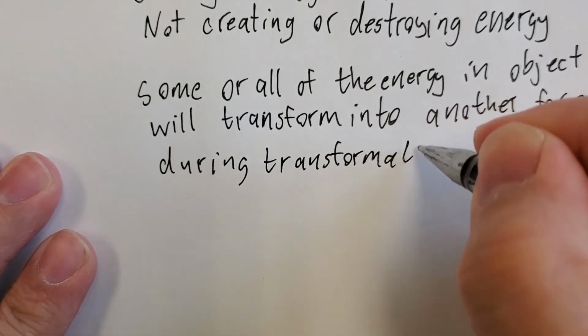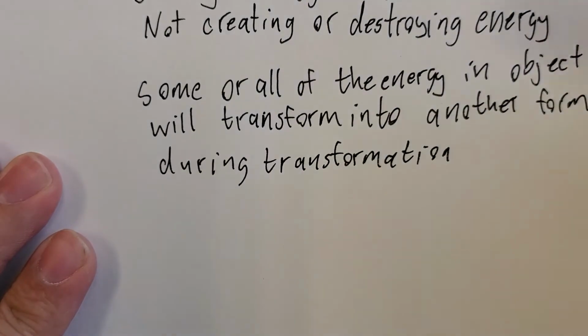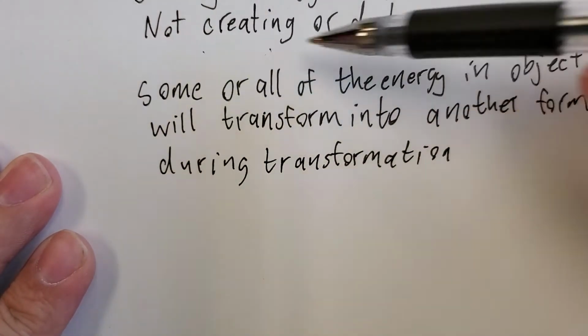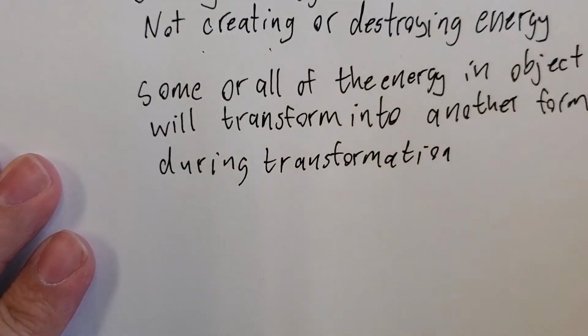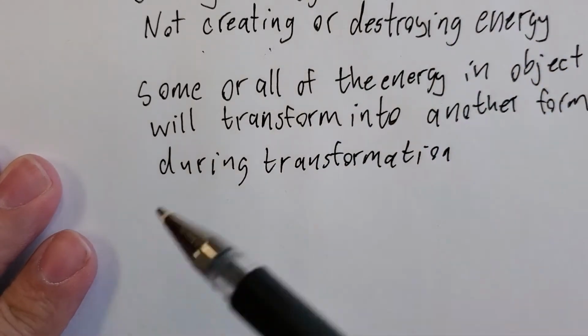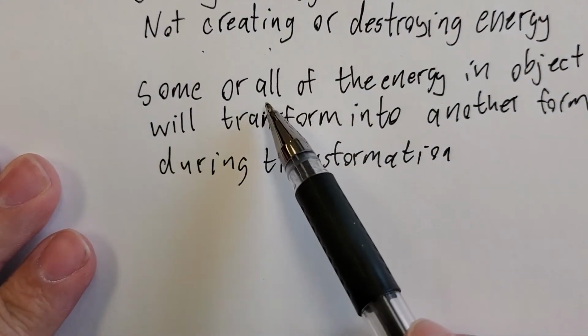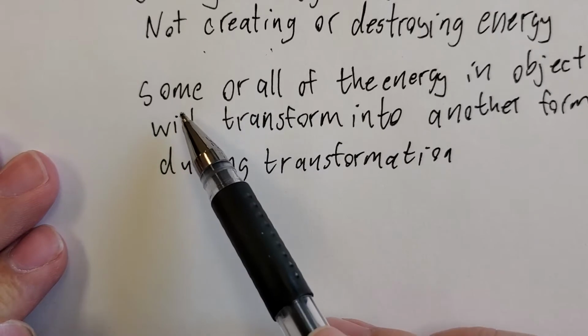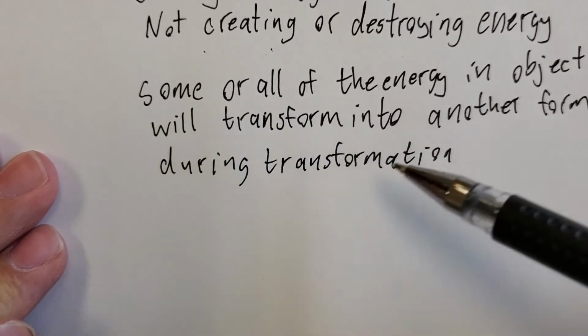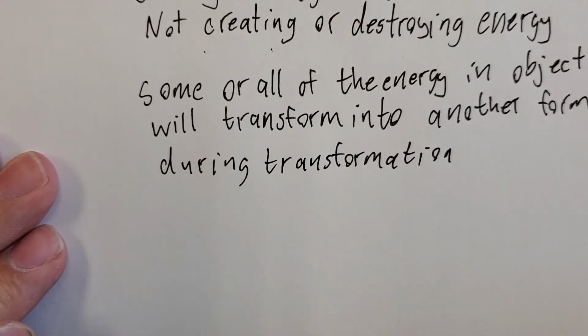Again, the really important thing to take away from this is that we are not creating or destroying anything. We are just changing it. And it doesn't have to be the case that all of it transforms, only some of it might transform. And it could be transforming into multiple things at once.